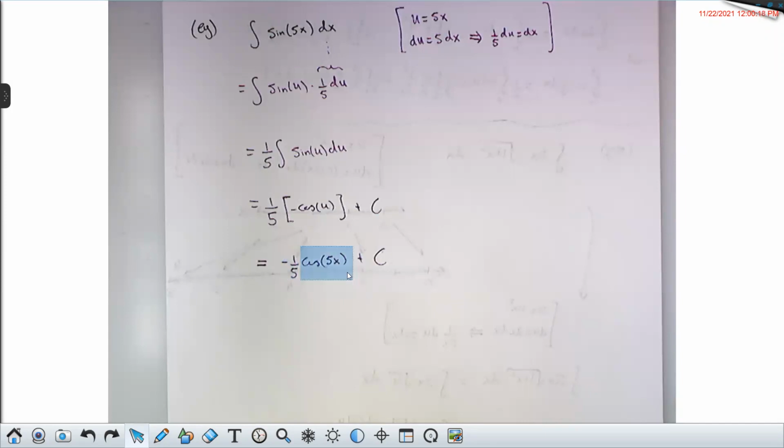And then by the chain rule, the derivative of cos 5x would be negative sine 5x times 5, and the 5s will cancel. Questions on this one?